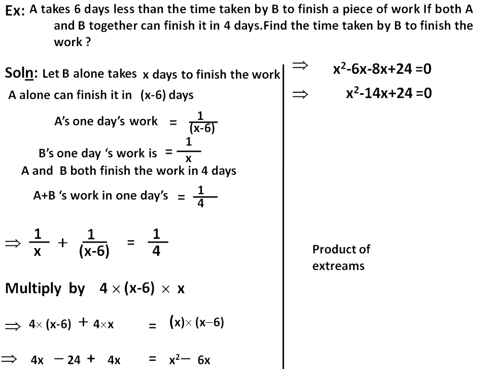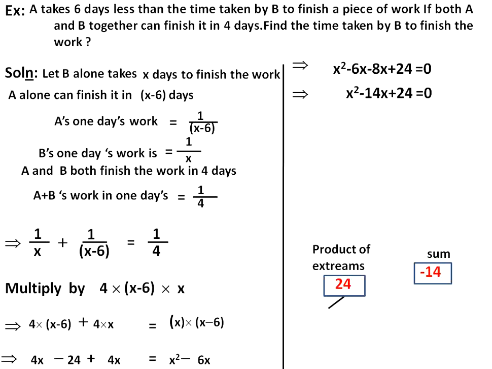Now solve the quadratic equation by splitting the middle term. Product of extremes: the coefficient of x square is 1 and the constant term is 24, so the product of extremes is 24. The coefficient of x is minus 14. If I multiply, I should get 24; if I add, I get minus 14.